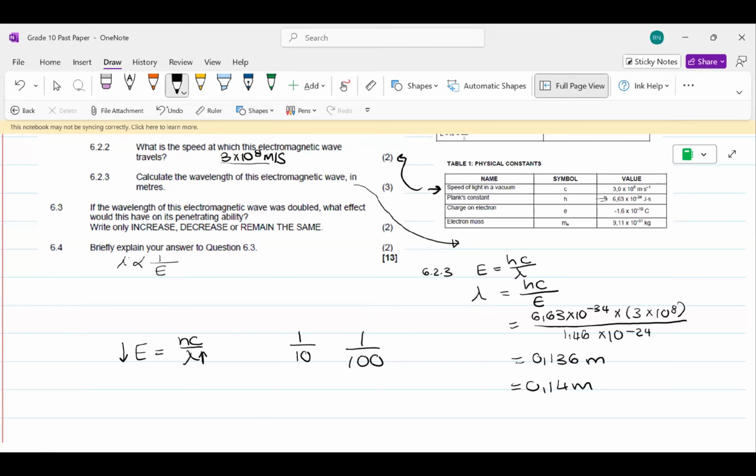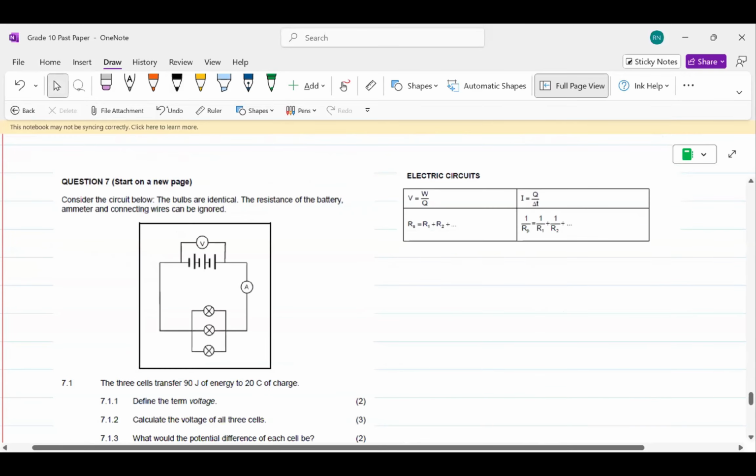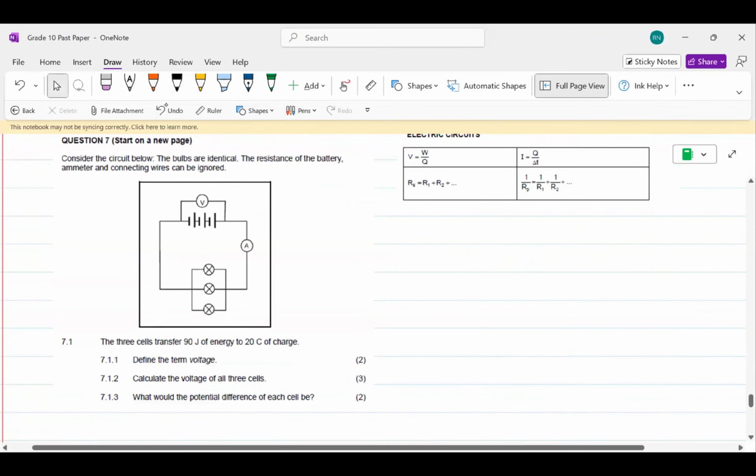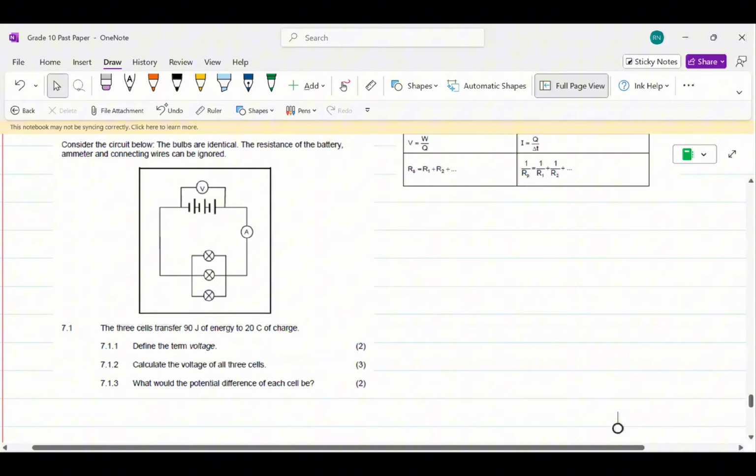Okay, cool. And then the final section, my favorite section. We're going to try and zoom through this one. We have a circuit. Is this a parallel or series circuit?